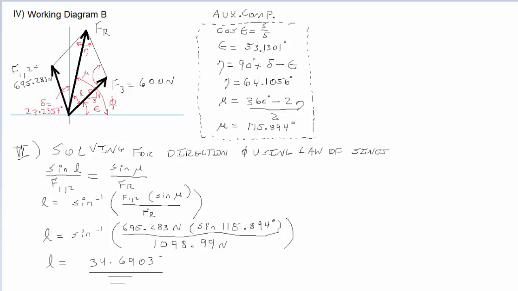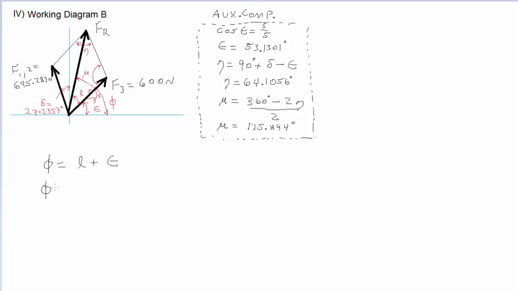As I mentioned, we want to know phi, and phi is the summation of lambda and epsilon. So we're going to solve for phi next. So phi equals lambda plus epsilon.